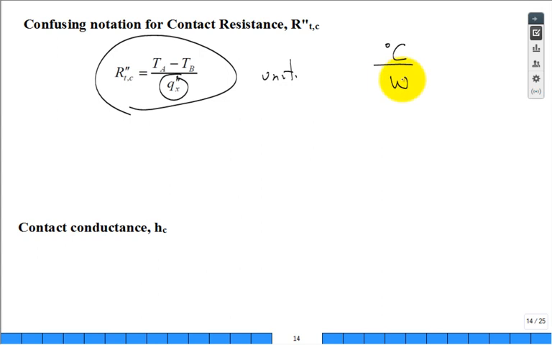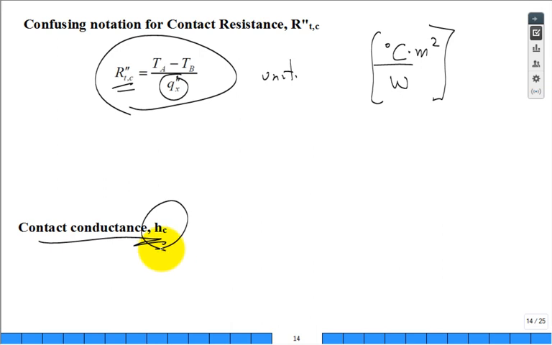Watts per meter squared. So it's meter squared degrees C per watt. That's the unit on this contact resistance. And again, I prefer contact conductance. Maybe you'll see that, but it's not in the book. What's in the book? That's what I'm trying to describe.